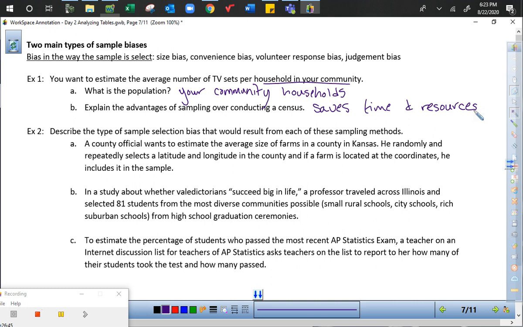First up here, size bias. It's not that the sample is too small. It doesn't tell us how many are selected here. But if we think about longitude and latitude as specific coordinates, and we're only choosing the farms at this, if your farm is huge, you're going to take up more coordinates, which means you're more likely to be chosen.